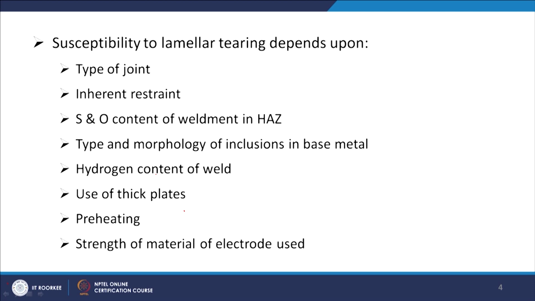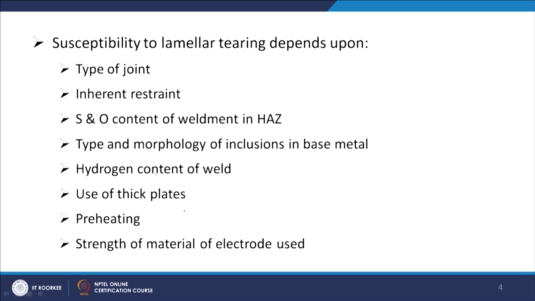As you know, if the sulfur is less, then you will have fewer chances of having sulfide inclusions. So, you try to have a lower value of sulfur, less than 0.007%. In those cases you can get rid of these lamellar tears.